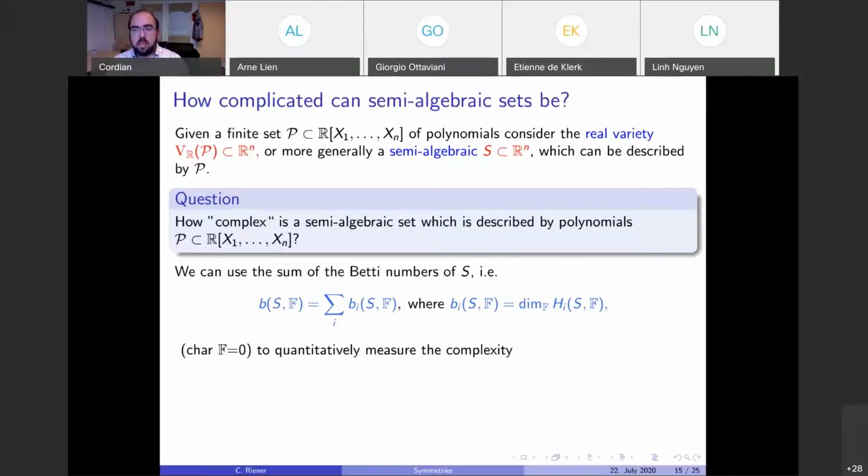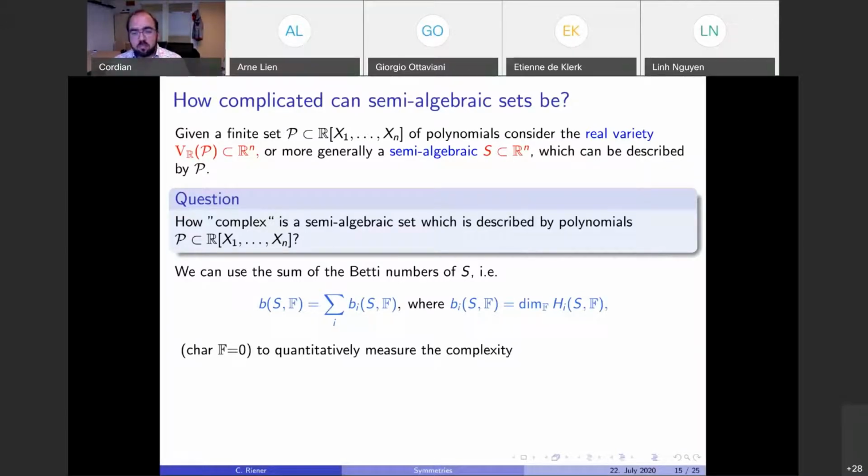Because some people in the audience, including me, are interested in optimization. Well, the more connected components a set has, the harder it is essentially to optimize over such a set. Why? Because if you take a generic function that is rather nice, even maybe a linear one, that's rather easy.